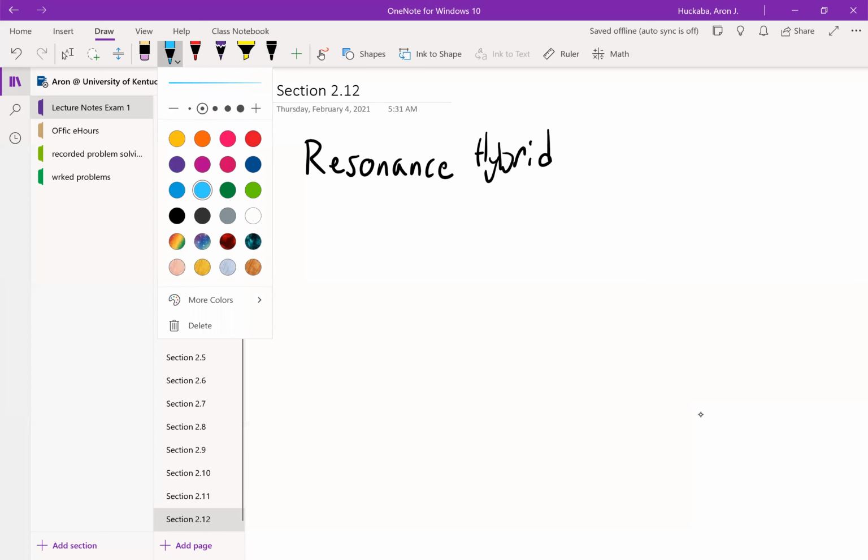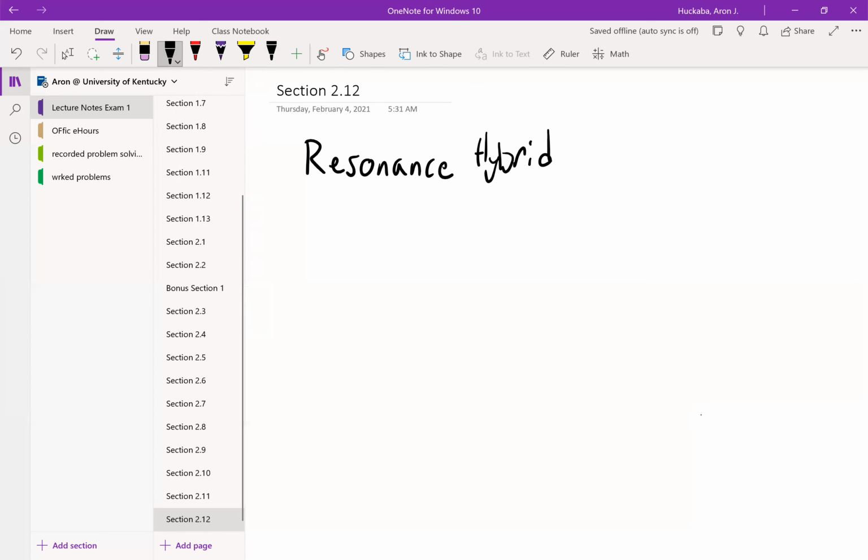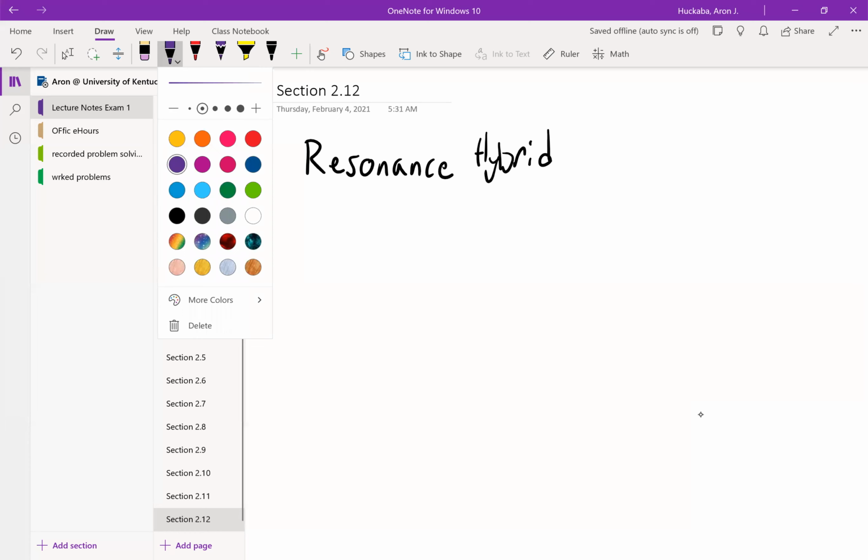That's a lot of words and doesn't seem like they make a whole lot of sense, but hopefully here in a second it makes a lot more sense.